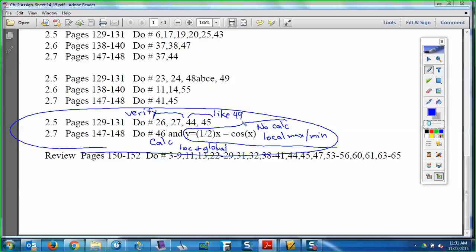I think it's that one, because I did it in my calculator. Oh, on number 4? Yeah.